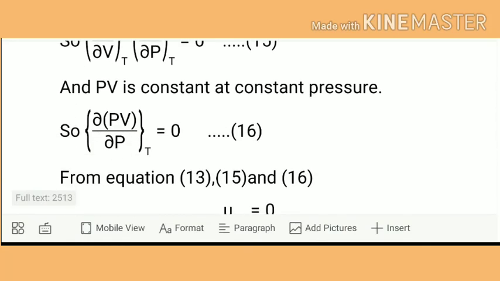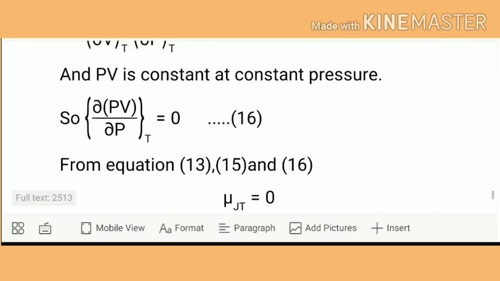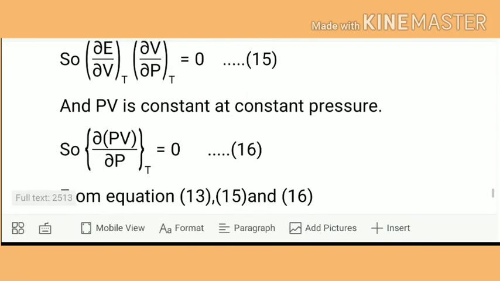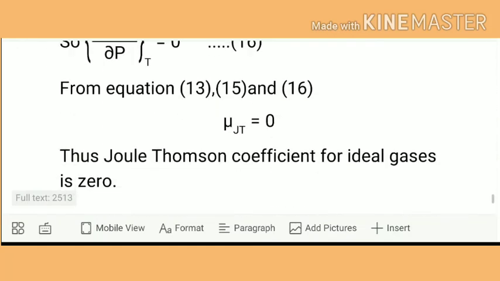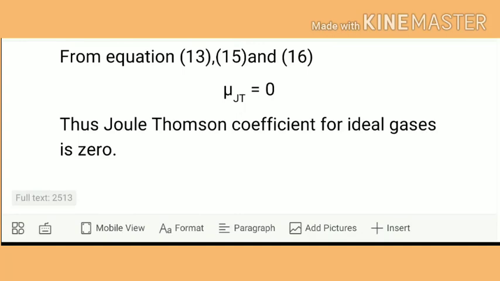So the differentiation of PV with respect to P at constant temperature is also 0. So in equation 13, the first term is 0 and the second term is also 0, so the value of mu JT we get is 0. So we can say that the Joule-Thomson coefficient for an ideal gas is 0.